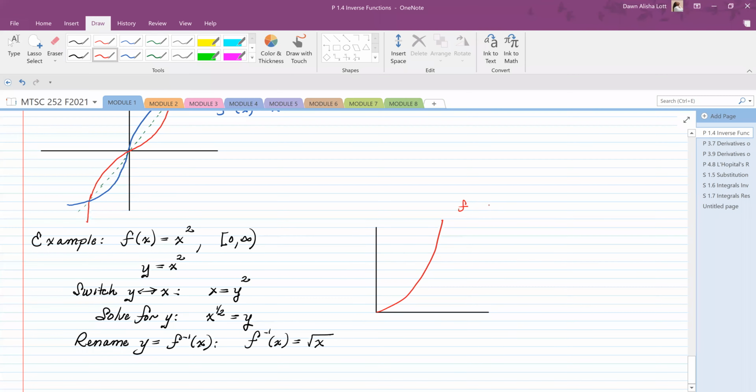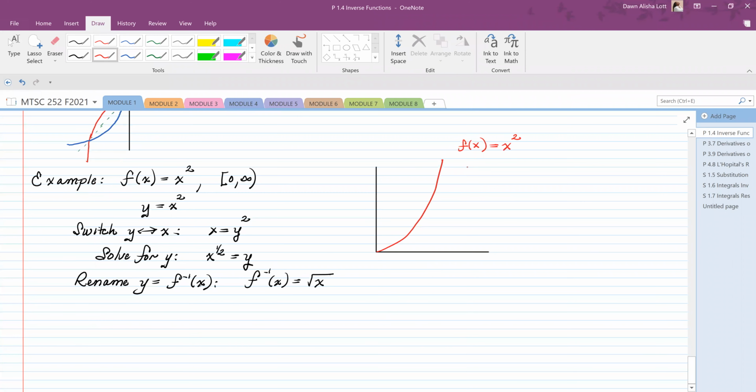Professor. Yes. So for the solve for y you have x to the half equals y. Why wouldn't y be y to the half as well? Okay. All right. So I skipped a step. The step I skipped is right here. I'm going to take x and raise it to the 1/2 power.